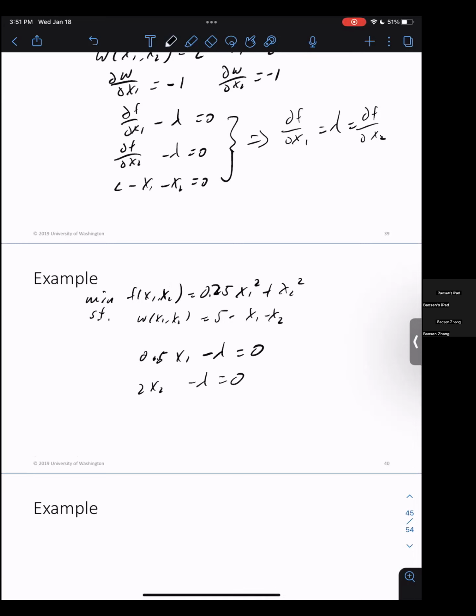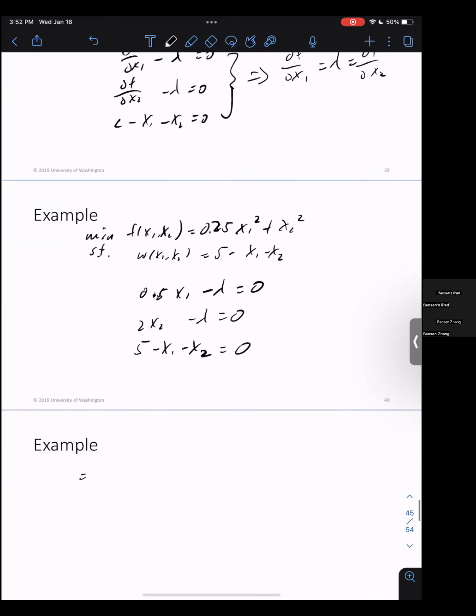Plus your constraint itself. You apply those equations and get this system of linear equations. Whenever you do your homework or exam, once you get to this point, it's okay to just show the solution. It doesn't matter how you solve the system of equations. Here, lambda is 2, x1 is 4, x2 is 1.